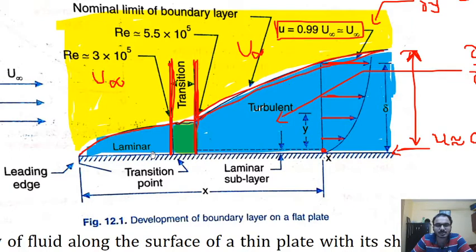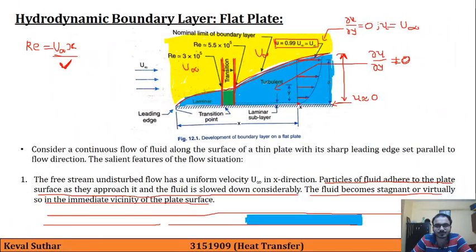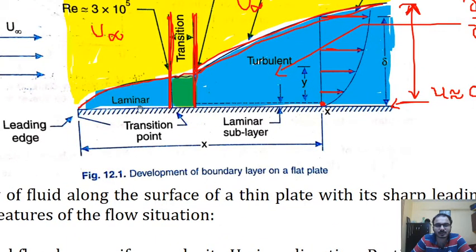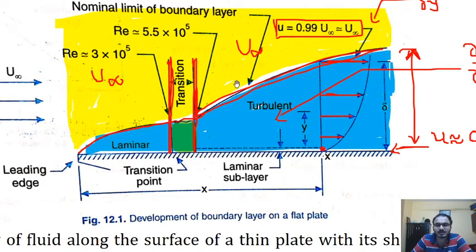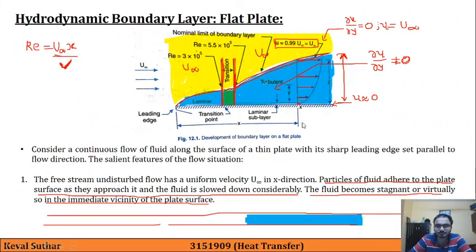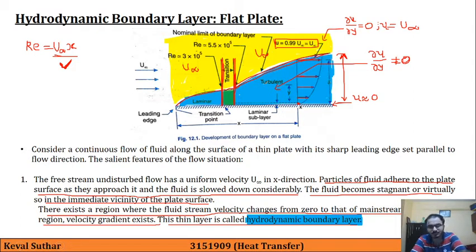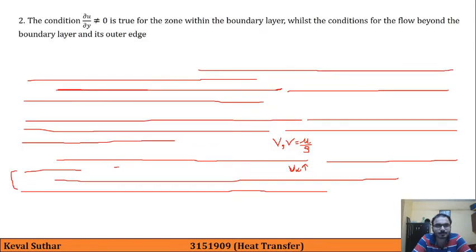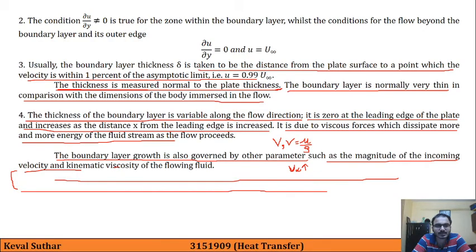That is, we can see the velocity gradient present over here due to the shear stresses, and very close to this surface, the velocity is almost zero, and as we move away from this surface, the velocity keeps on increasing, and at this red line it becomes equal to the free stream velocity, or approximately 99% of the free stream velocity. And we have already discussed all these important aspects.